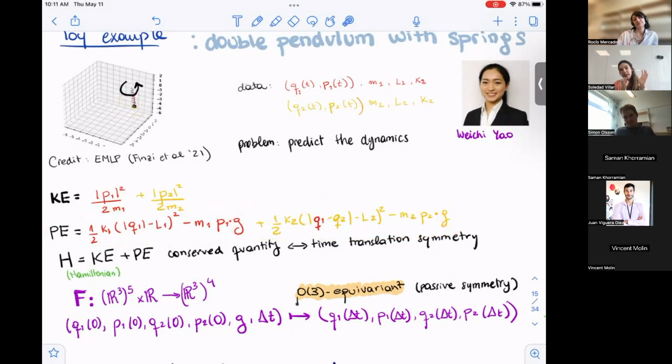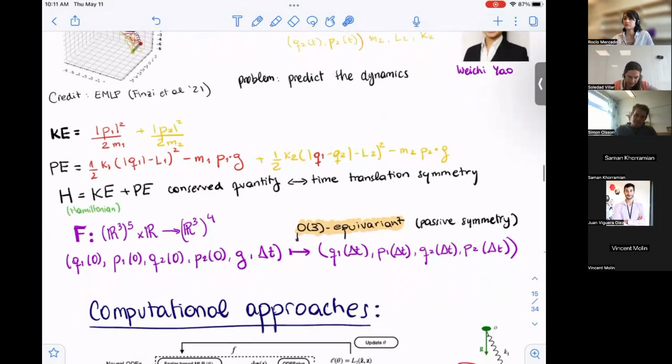So if I add the gravity vector as an input, then when I do a rotation to my inputs, it is basically a change of coordinates. So it's kind of like a passive symmetry. If you add that as an input, even though it's constant, then you can use O3 equivariant models. And these O3 equivariant models, as we saw, are very easy to implement because you can write them in terms of inner products. So that's one advantage of writing in a way that is coordinate free in some sense. I think that's an interesting point.